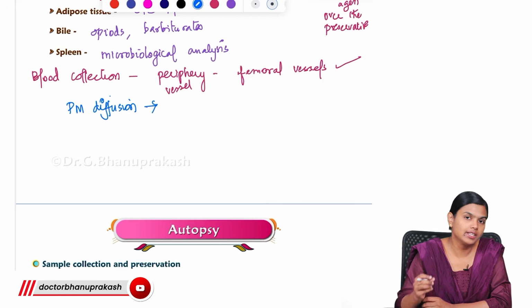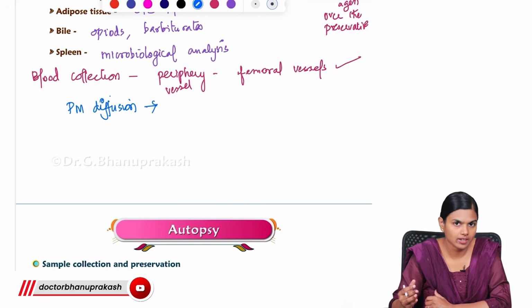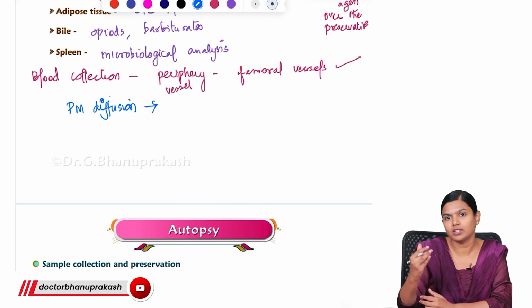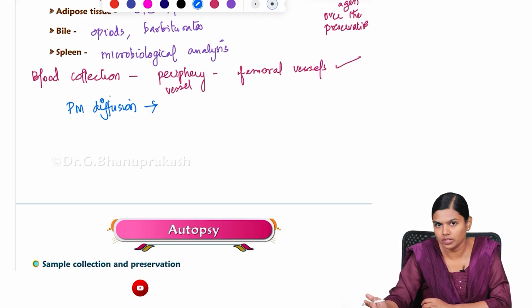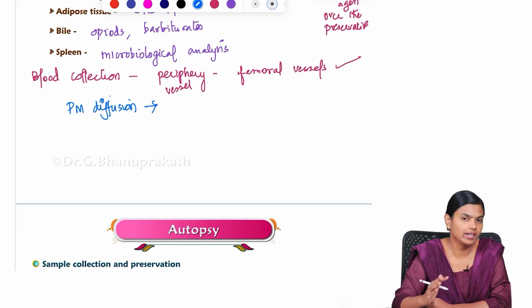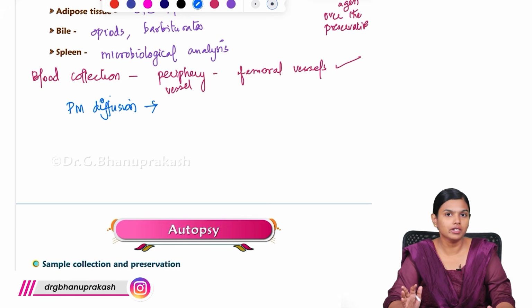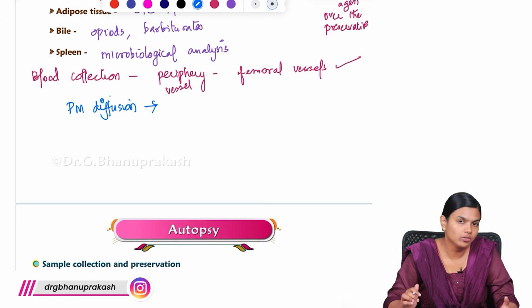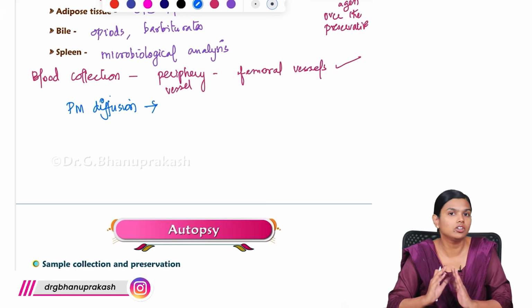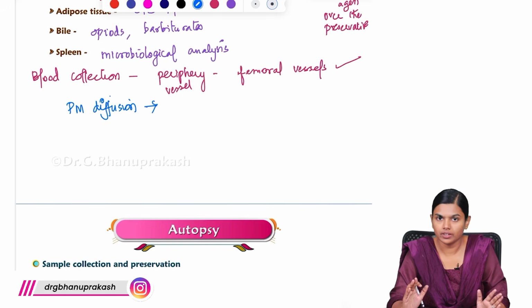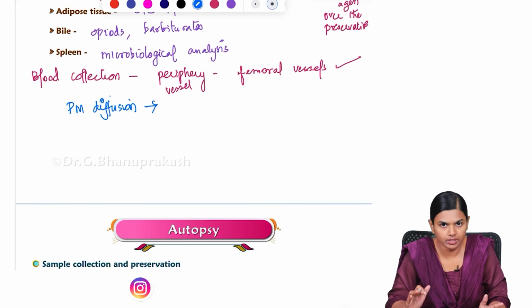So when you take a sample from the stomach and do the analysis, you will think that there has been this poison consumption and death was due to that poison. But actually if it is present in the periphery, it means it has entered long before the death and has actually circulated throughout the body. That is why we prefer these peripheral samples.